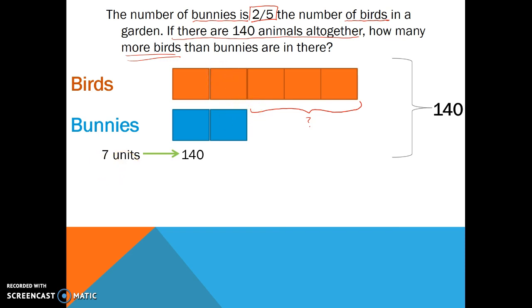Then I'm going to divide 140 by 7 to get 1 unit. That will be 20. And then I'm going to multiply that 20 by 3 units, because this 3 units is the difference between birds and bunnies, and that's what I want to know. And 3 units is 3 times 20, or 60 birds.